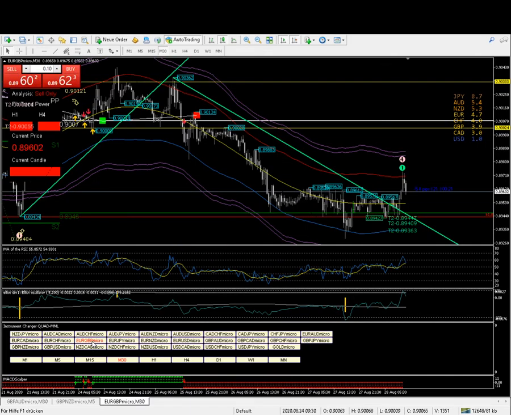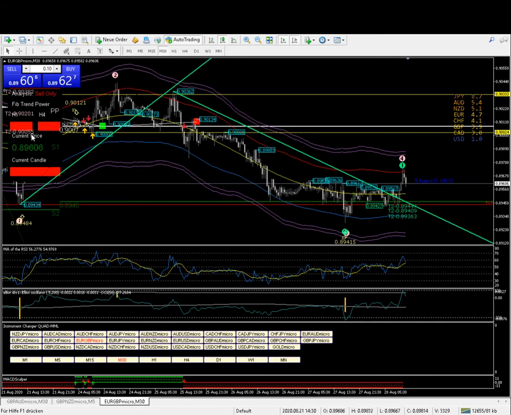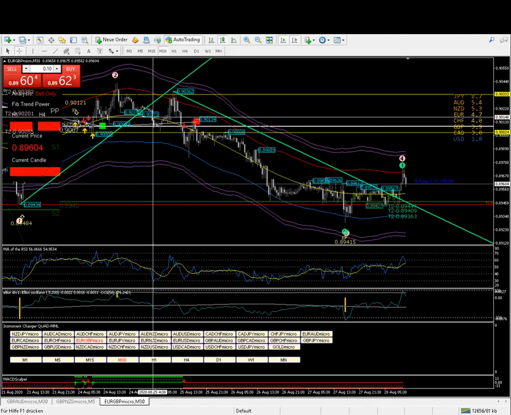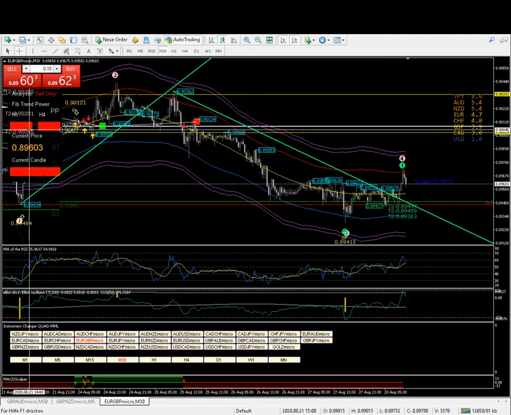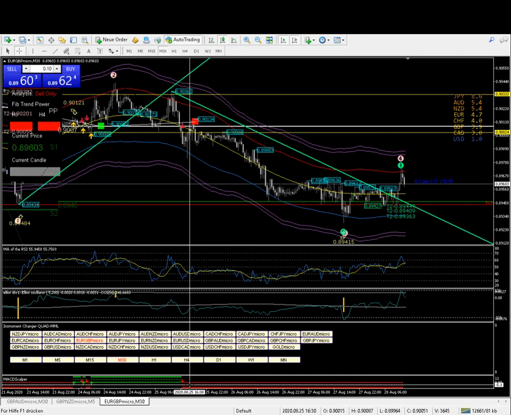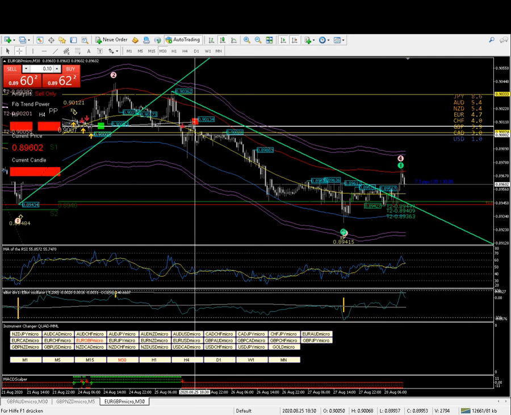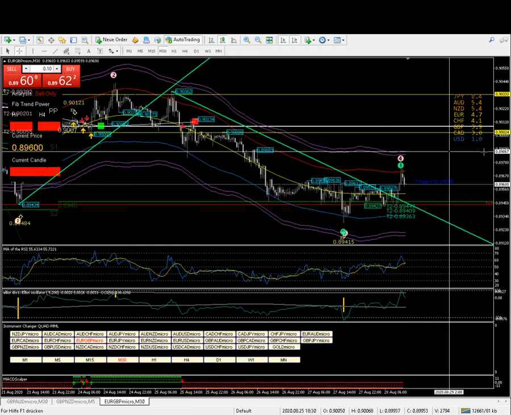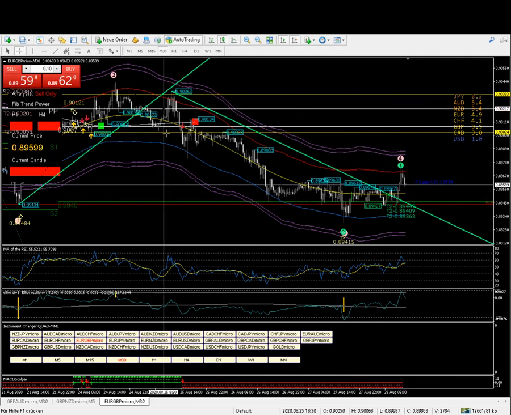We can watch another last one, Euro British Sterling. Here we had H1, H4 still red, the Fib scalper was red, and the MACD was red. We are not on the 61.8 line at this time.